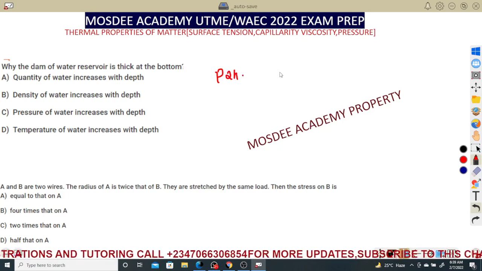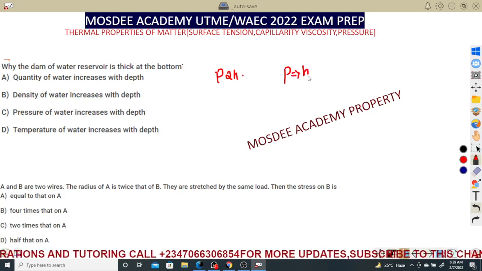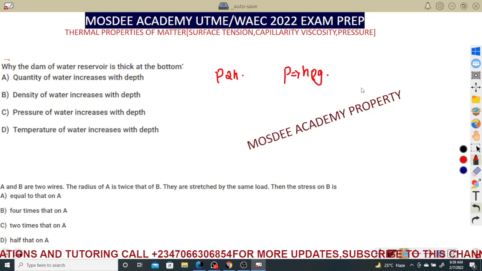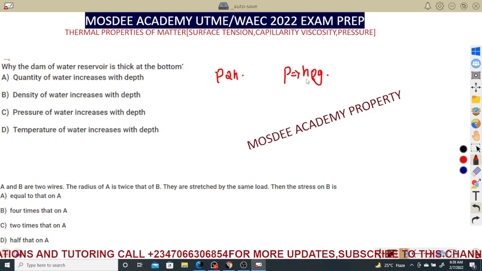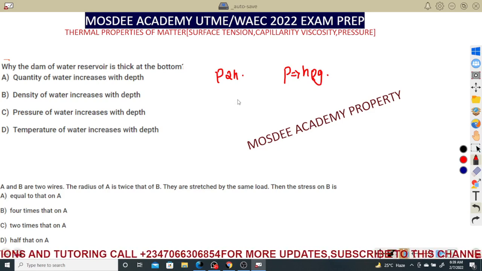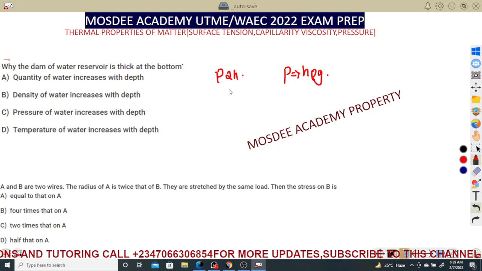Keep it in mind. We wrote that, I think, yesterday in day 5. We have our h rho g, the full formula: height, density and gravity, because there will be some particular force acting at the sidewall, and because of that, acting at the layer of the bottom, as you go down, the pressure increases.